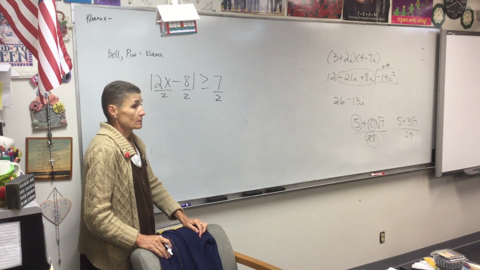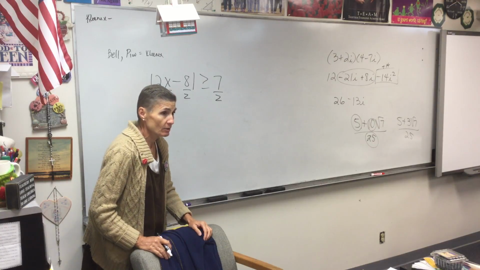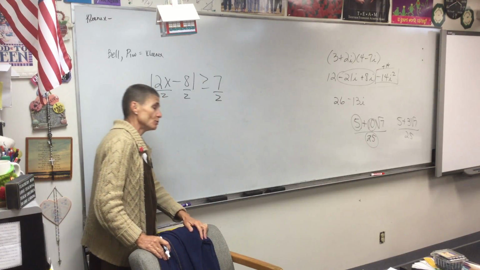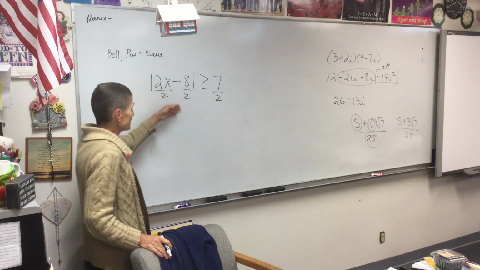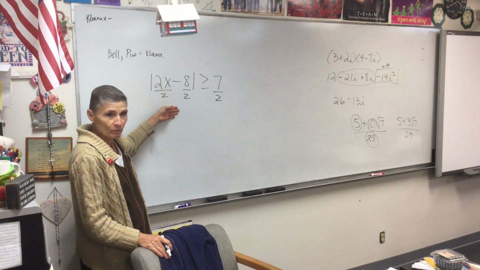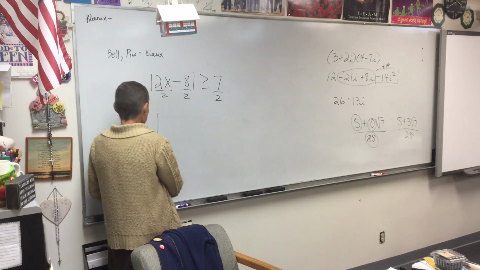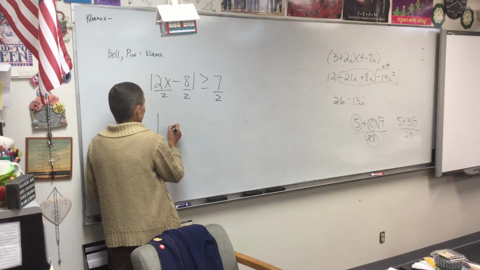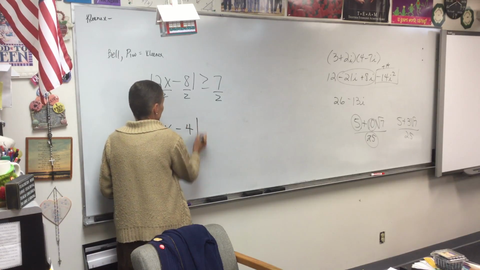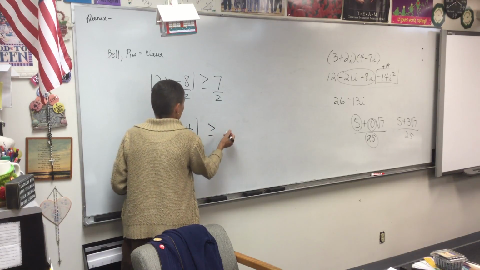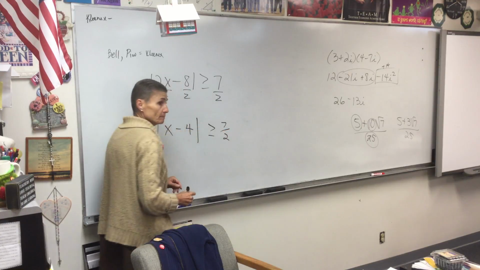Now, somebody asked me, Miss Ford, is that legal? Mrs. Ford does not do illegal things. This is completely legal, or I wouldn't be up here doing it. That reduces us to x minus 4 greater than or equal to 7/2.